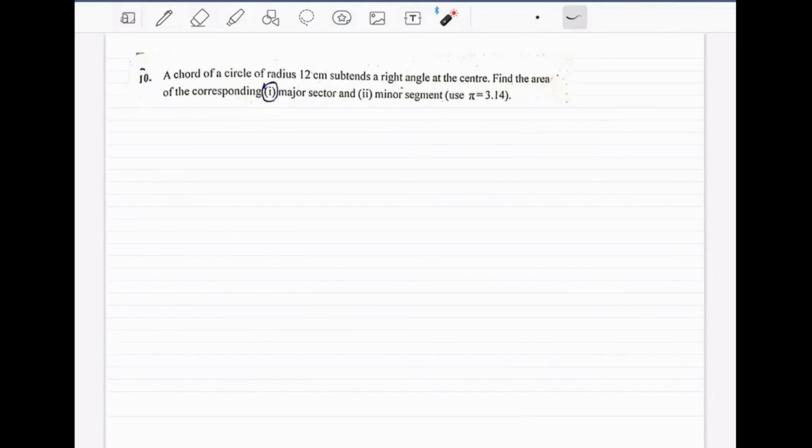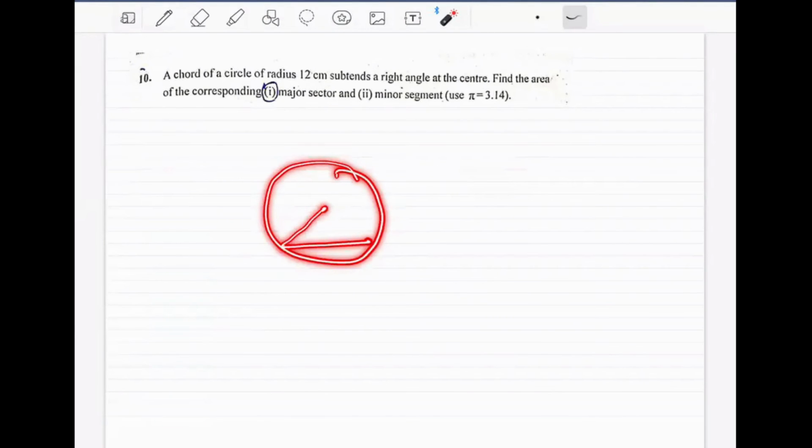Okay, look, the question is saying a chord of a circle of radius 12 centimeter subtends. You have to understand the meaning of this word subtends. If we have a circle and we have a chord or an arc, if you join the ends of the chord with the center, then this angle right here is called the angle subtended.